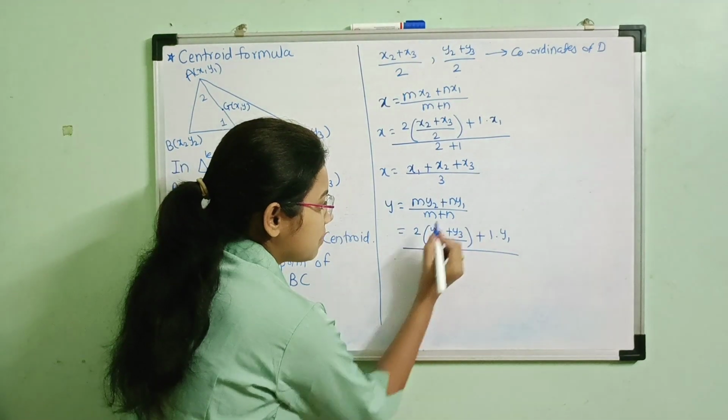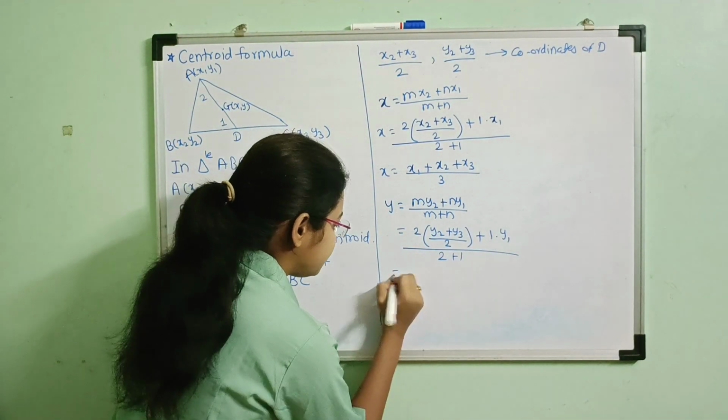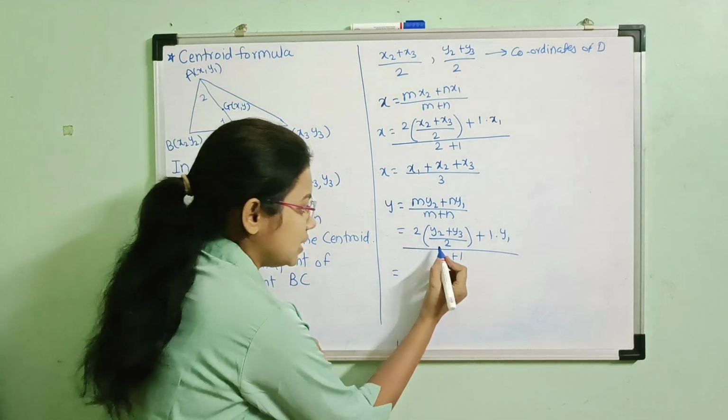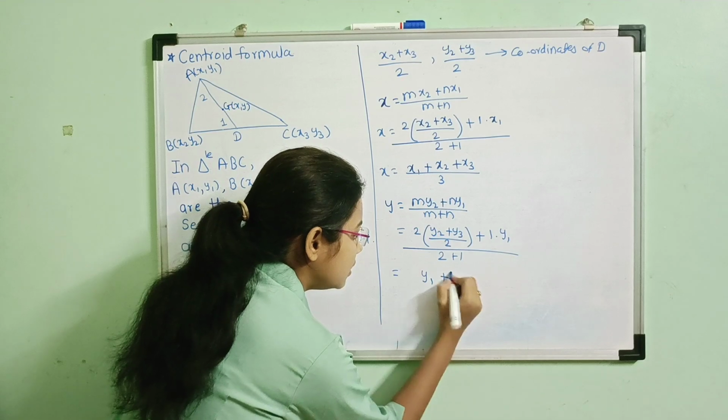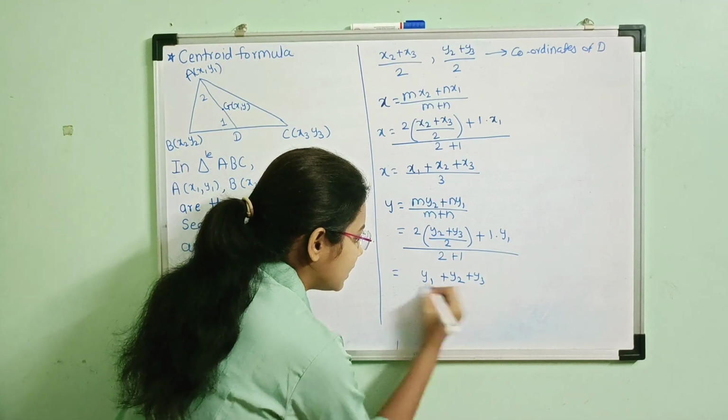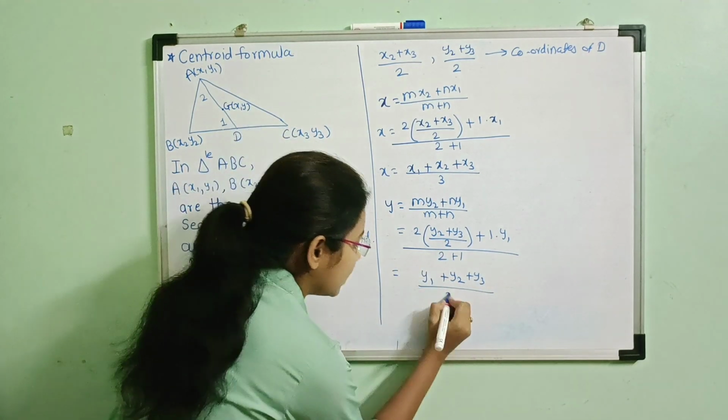Then m plus n is 2 plus 1. The 2 and 2 will get cancelled. Then y1 plus y2 plus y3 upon 2 plus 1, which is 3.